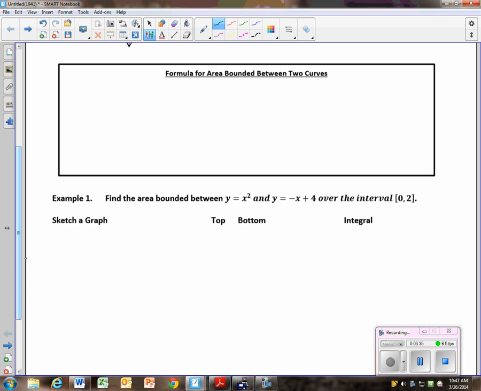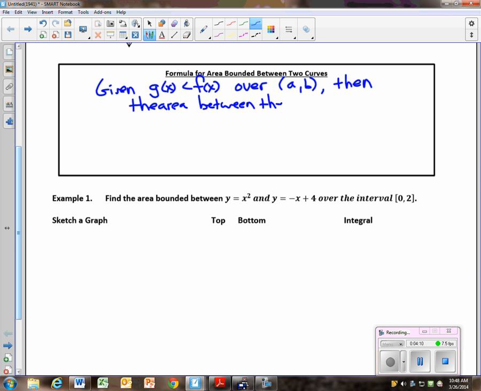Formula. This is basically section 1. Formula for the area bounded between two curves. Given g of x is less than f of x over the interval AB, then the area between the curves is the integral.